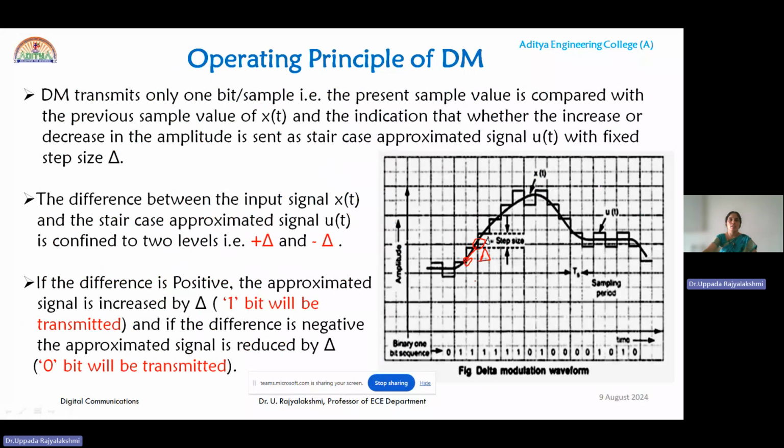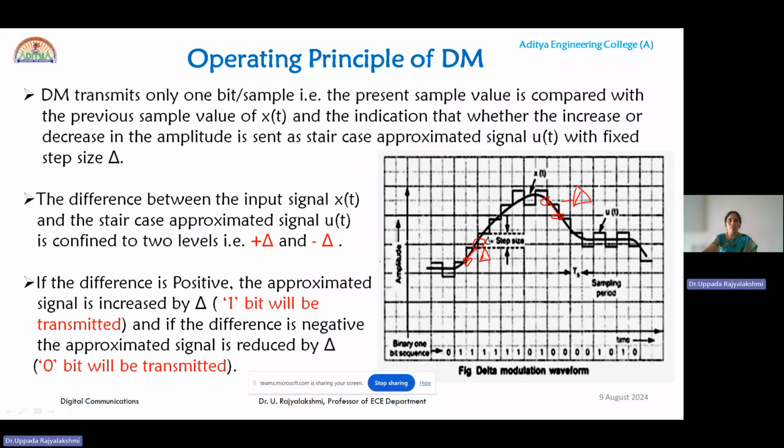amplitude by delta. For example, here you can observe the m of t falls from sample to sample. If the present sample amplitude is compared with the past sample amplitude, the present sample amplitude is less than the past sample amplitude. So here the staircase waveform reduces by a factor of delta.